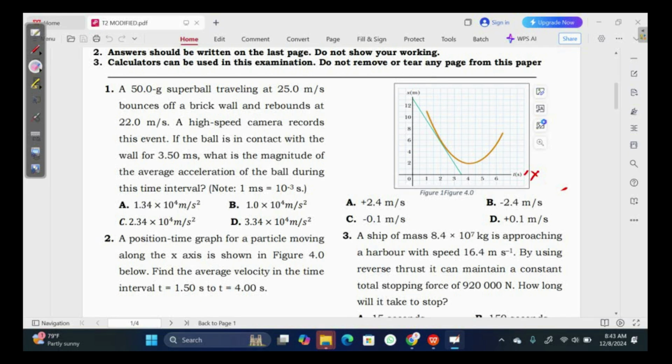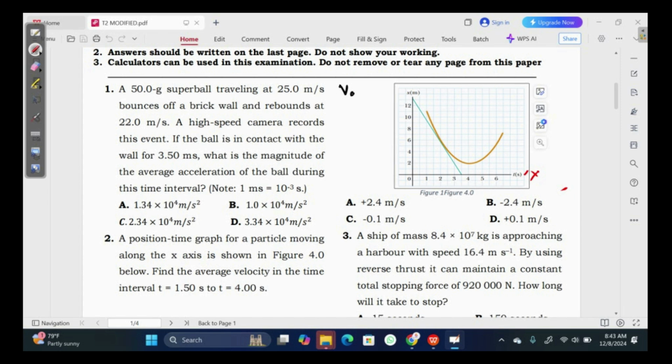This is a very simple question. When you're talking about stopping, something is moving and you are trying to stop it. When it comes to stop, the final velocity will be what? 0.